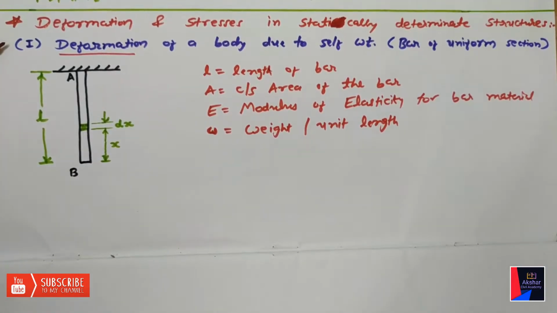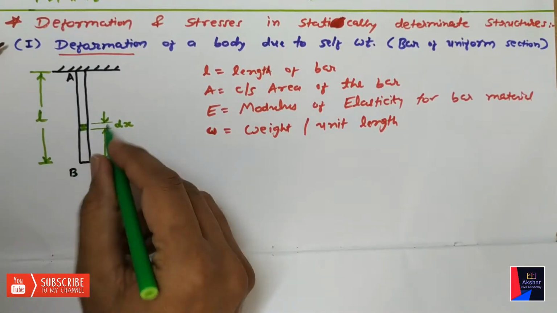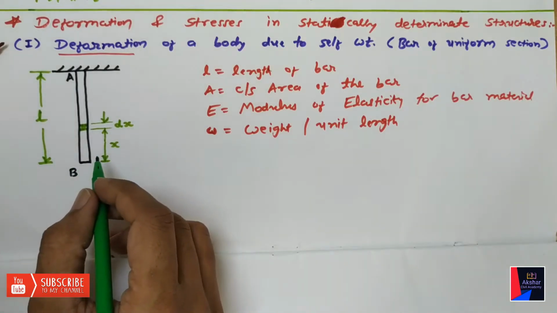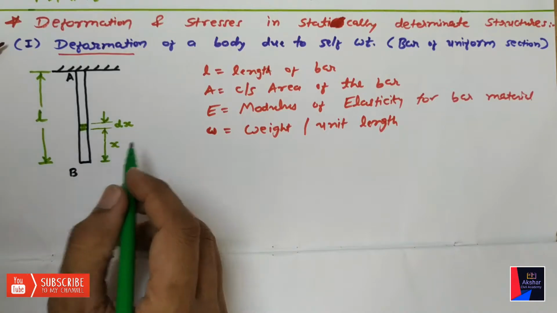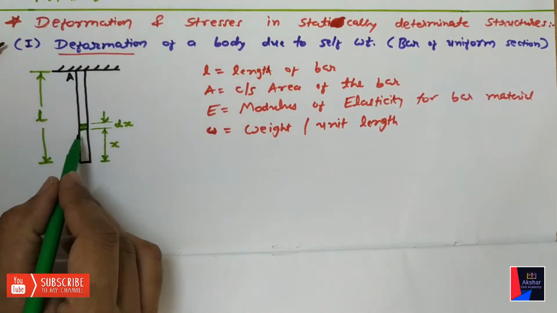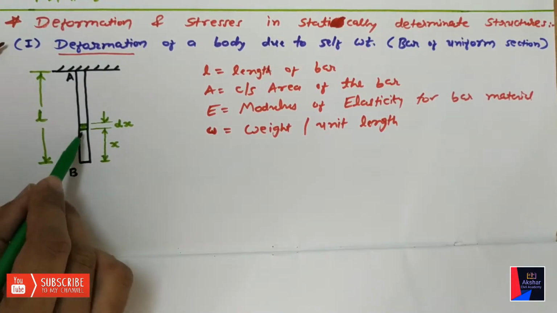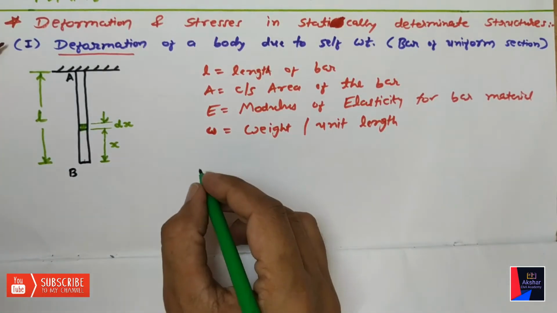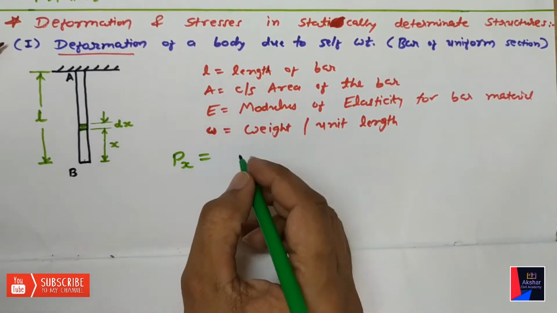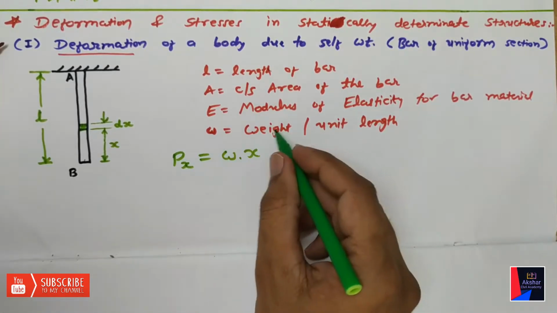So consider a small element dx of the bar at a distance x from B. The axial force coming on this element will be equal to the weight of the bar for this length x. So the axial force on this element dx will be Px, equal to w into x. x is the length and w is weight per unit length.